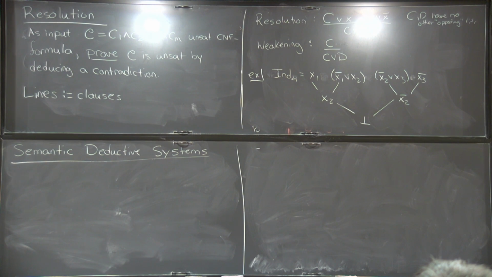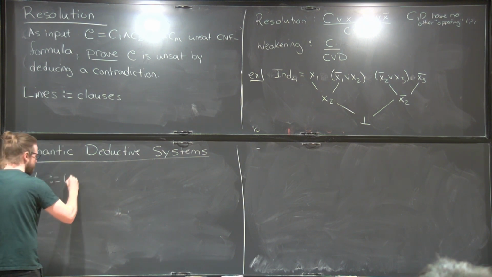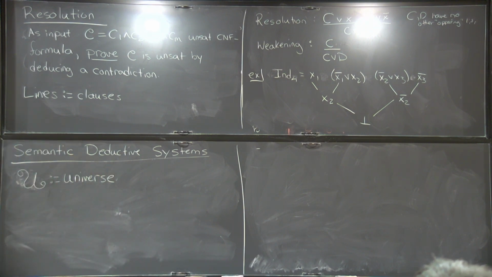So what's a semantic deductive system going to be? Well, we'll have some ground set. I'm going to use a curly U, so like a universe. You could think of it for concreteness as being the set of all Boolean strings in the case of resolution.